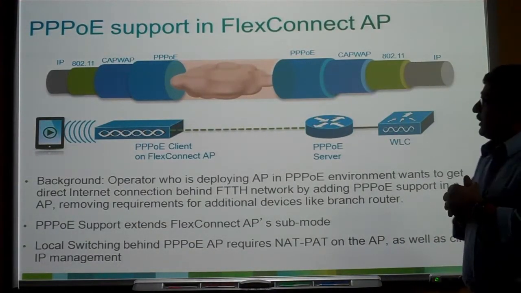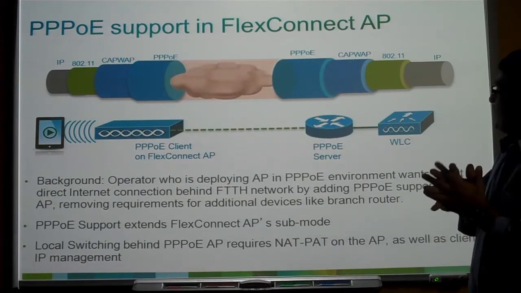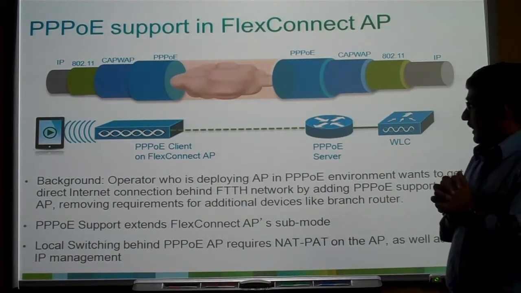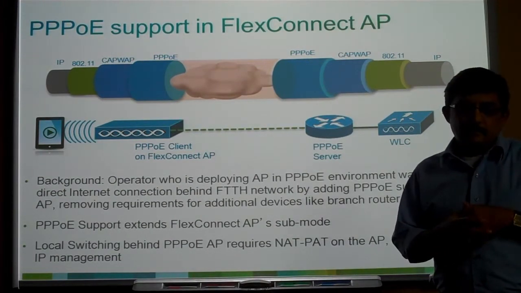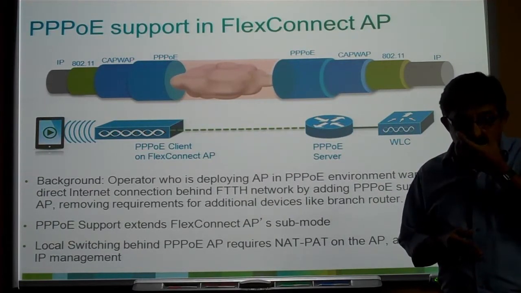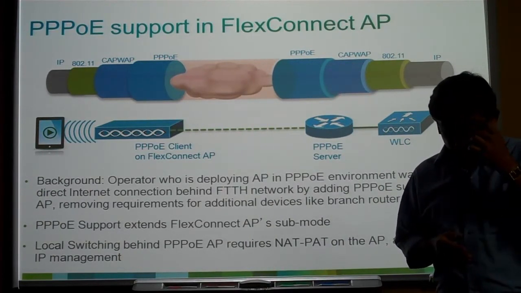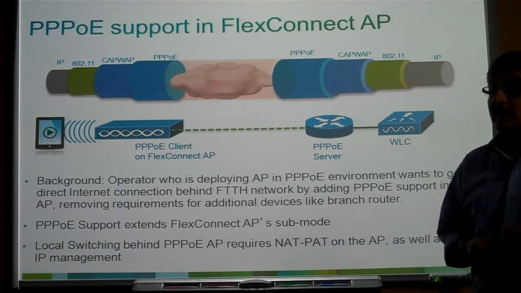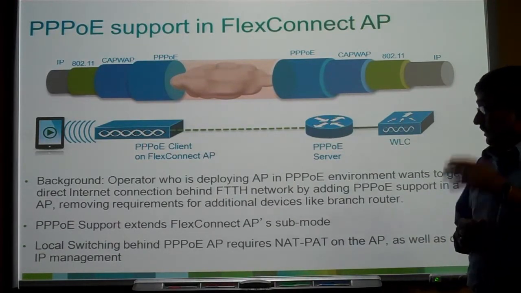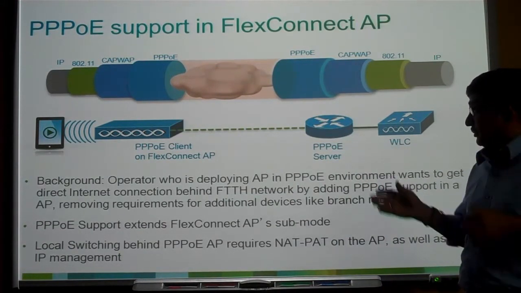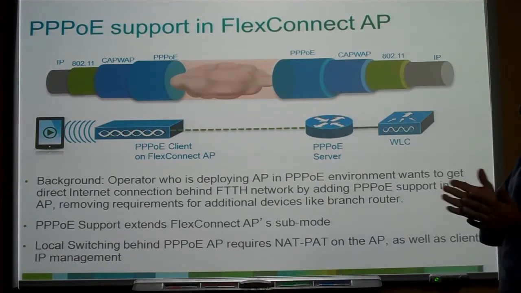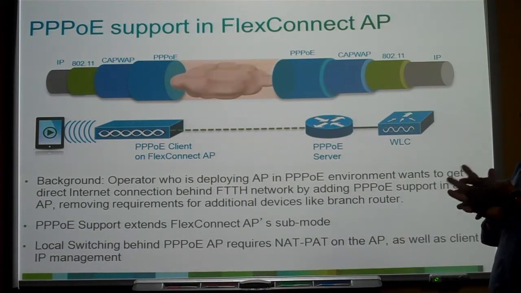A little bit of detail about the PPPoE support in FlexConnect AP. Earlier, an operator who is deploying a PPPoE kind of solution needed a branch router where the client PPPoE session needs to get terminated. So that is avoided now.